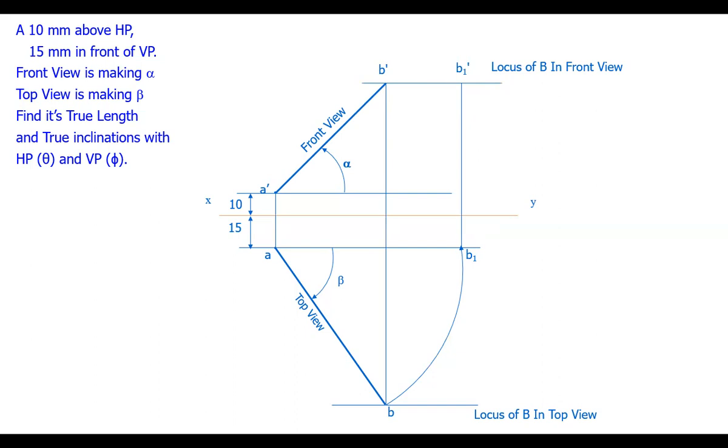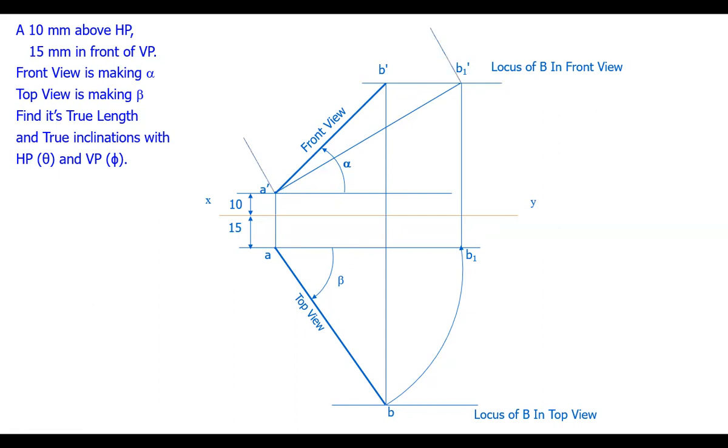In the previous video, if you observed, when the line is parallel to VP, we call it the first initial position. In this position, the line is parallel to VP. That means in the front view, whatever length you see is the actual length of the line, called the true length.